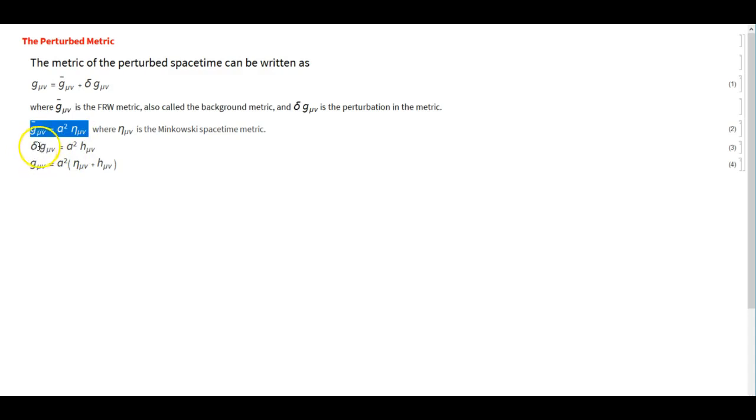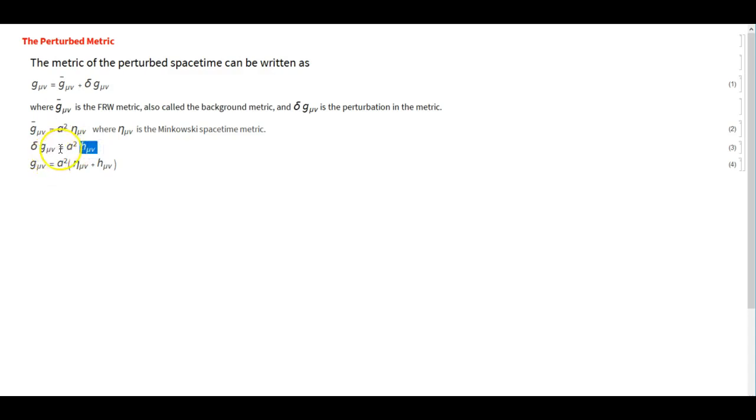Now we can write this delta g mu nu as a squared h mu nu. What is h mu nu? h mu nu is basically all the elements of delta g mu nu when you divide them by a squared. So all the elements you divide by a squared, you will get h mu nu.